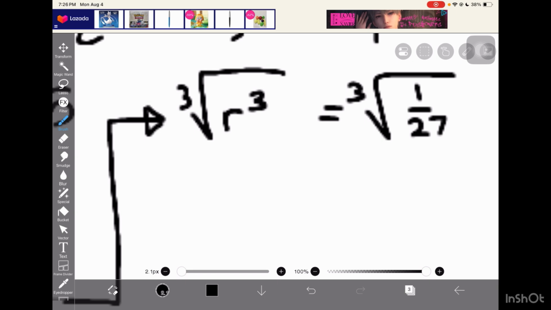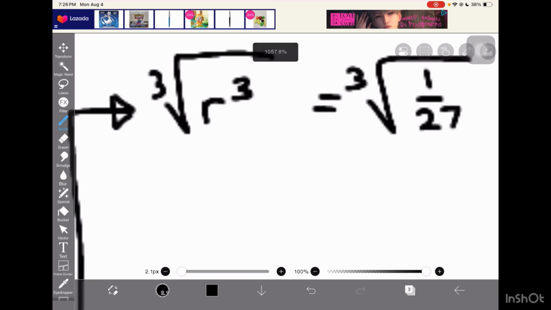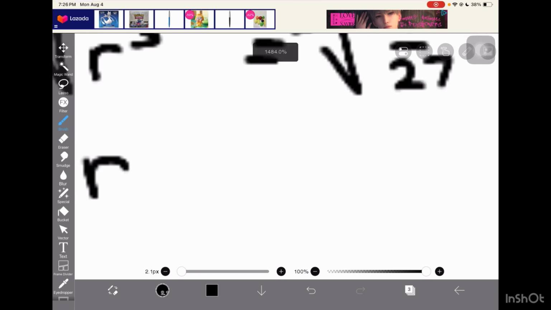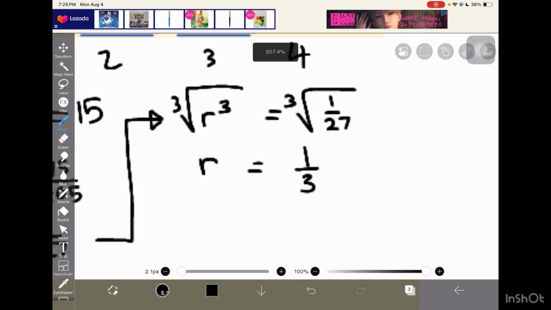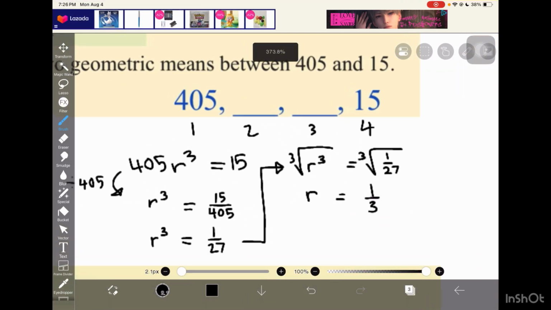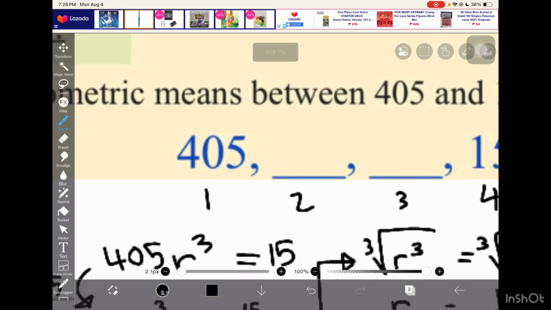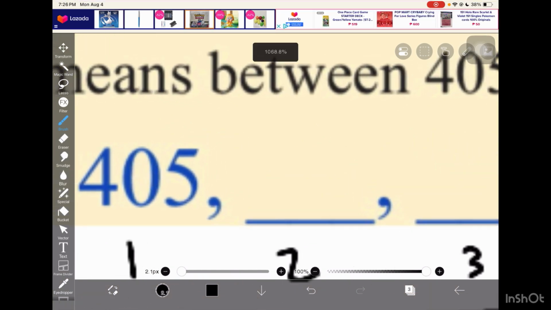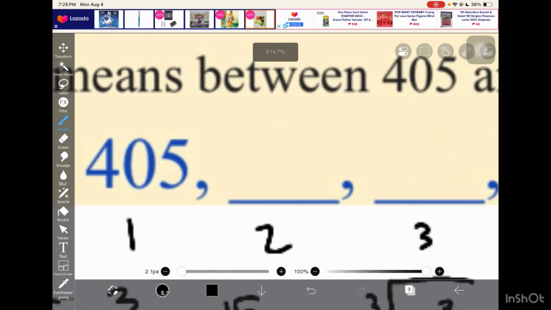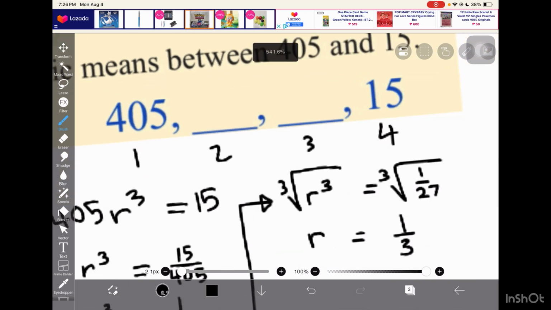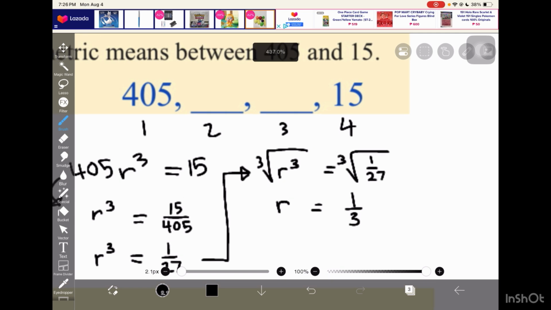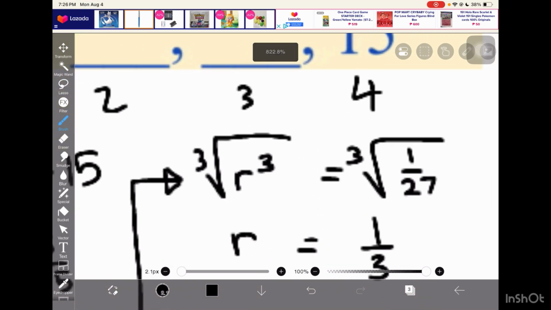So that should be equal to 0.33333 or 1 over 3. So r is equal to 1 over 3. Now that we have the r, we can just put in our calculator 405 times 1/3 to find our answer. If your calculator doesn't support fractions, you can just divide by 3, because 1/3 is the same as dividing by 3.